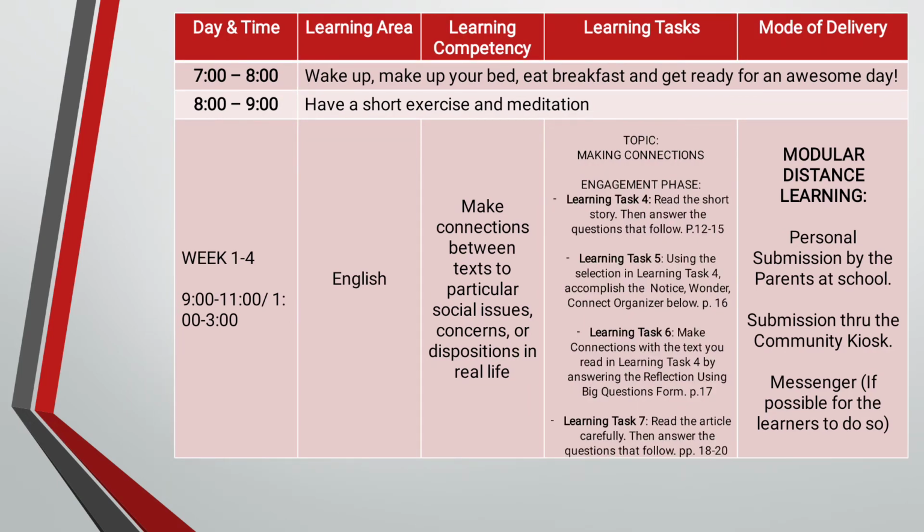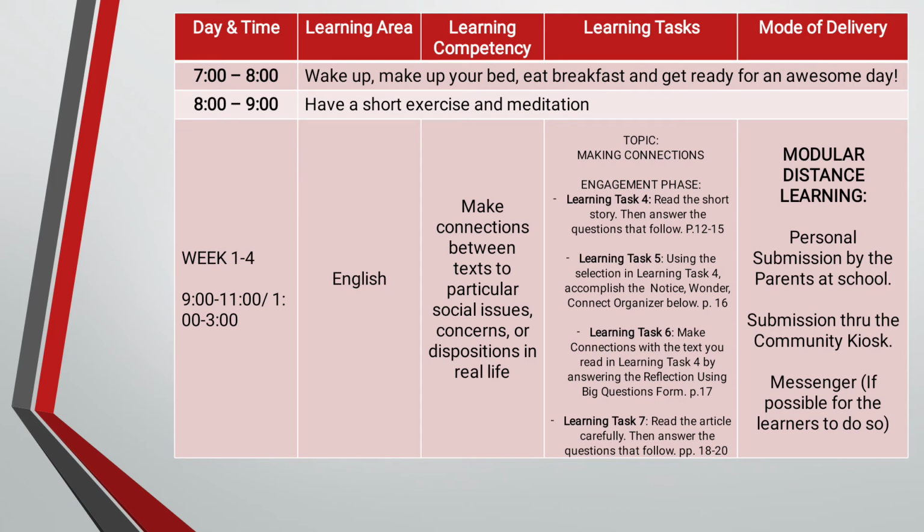On the engagement part, there are actually 7 learning tasks. I am not saying that you are going to put all the learning tasks for the learners to accomplish every week. If you think they are not able to answer all of those, let's say, for example, they can just answer 5 learning tasks, and you think that these 5 learning tasks could achieve your learning competency, then that would be enough.